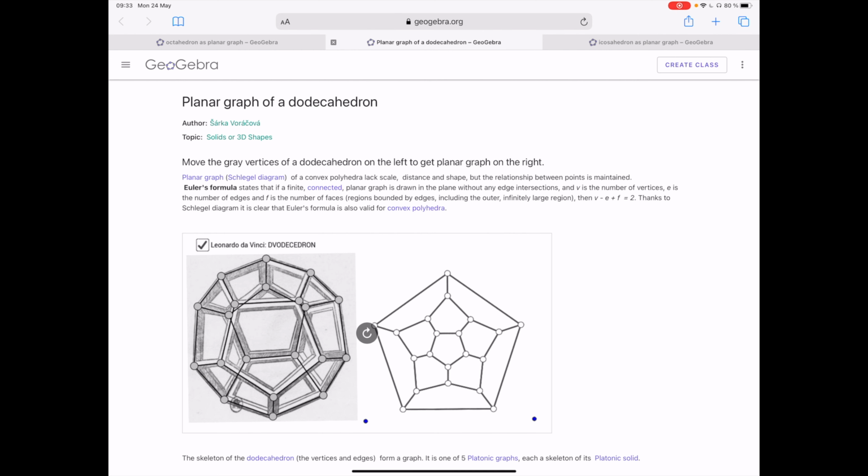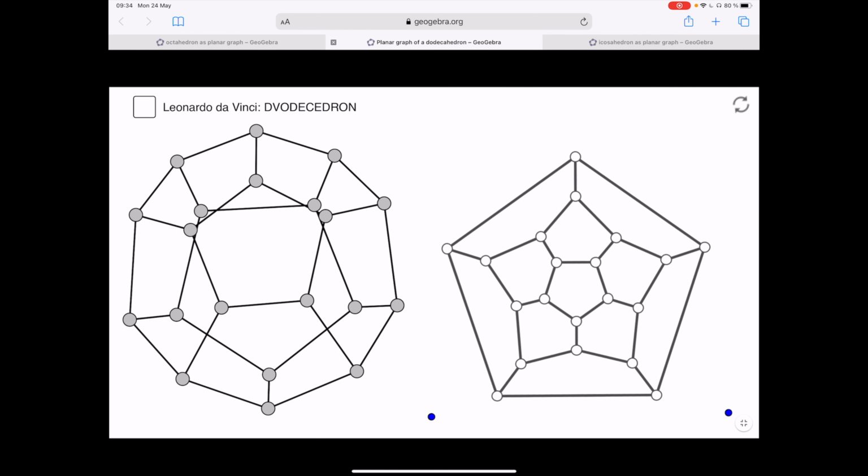And this is a dodecahedron. I hope that you agree with me that that's a dodecahedron. For example, this vertex is this vertex on top. This vertex that you see is the vertex which is below the picture. So on the left-hand side, you see the dodecahedron, and then I have associated a point with every vertex and a line with every edge. And now let us make this disappear.